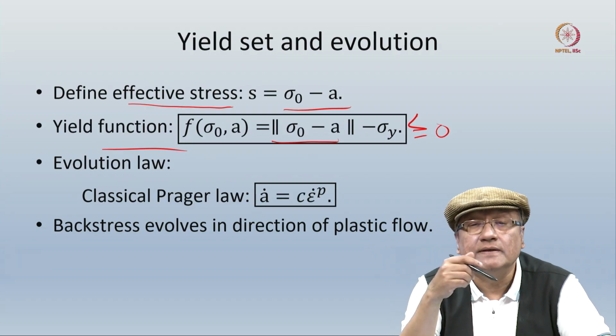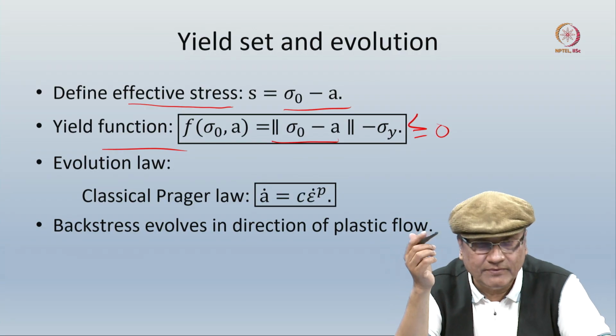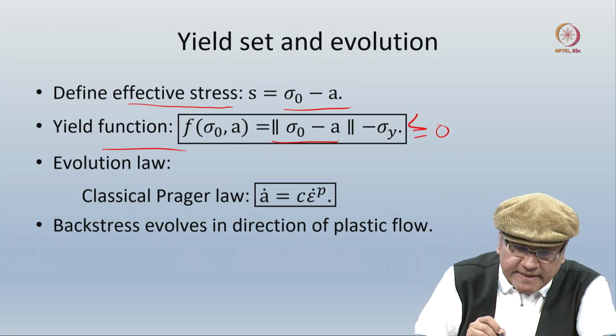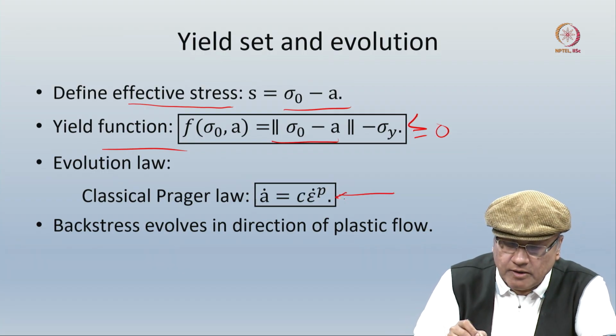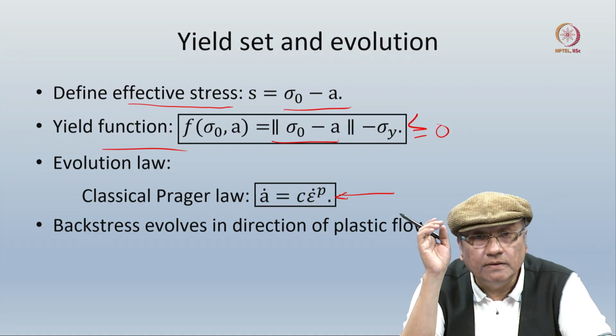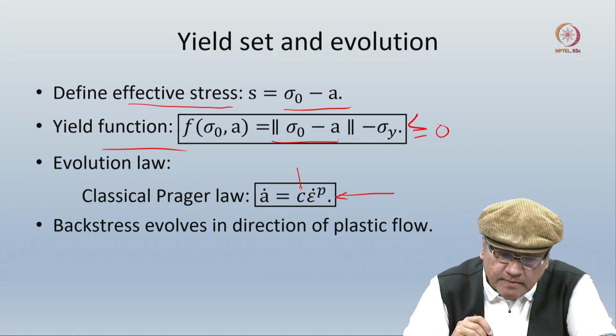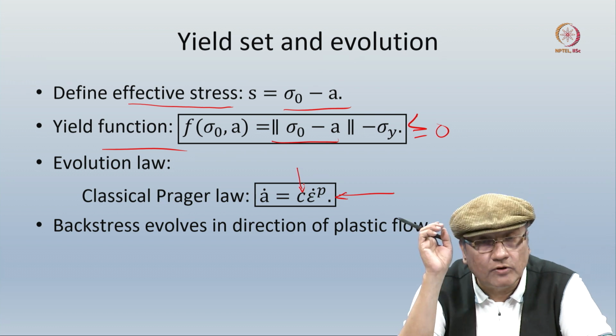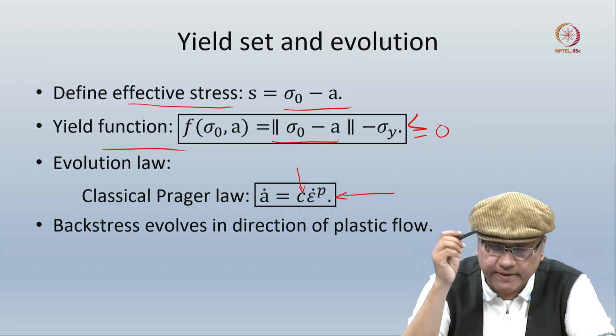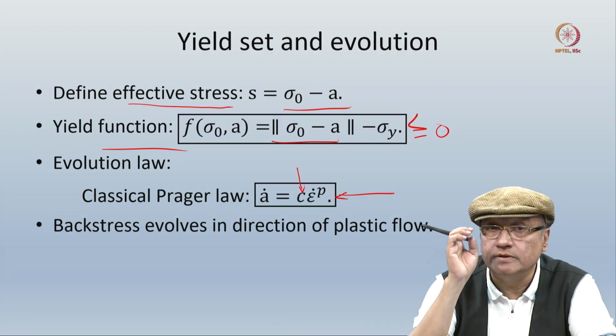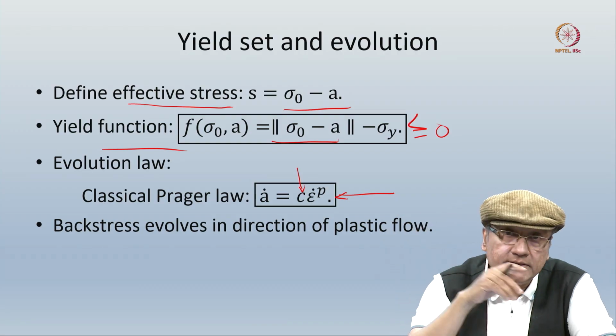So this is rate, this is dependent on the history. So this is the simplest classical Prager law for the evolution of the back stress, that is the same modulus for kinematic hardening, C appearing, times epsilon p dot, the plastic strain rate, the simplest one.